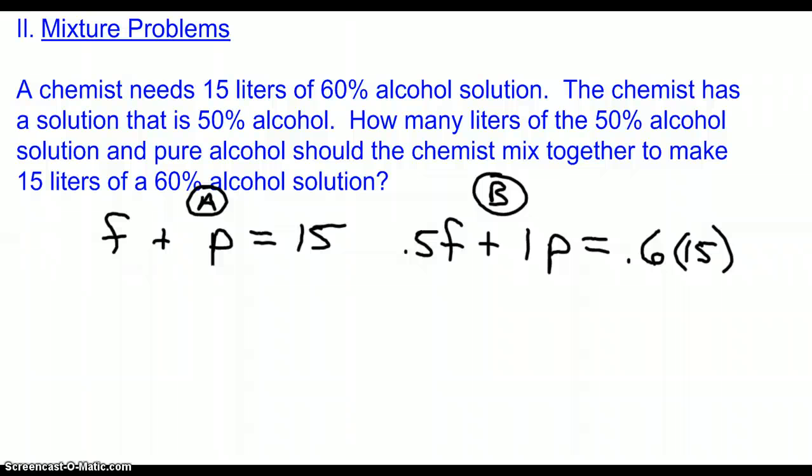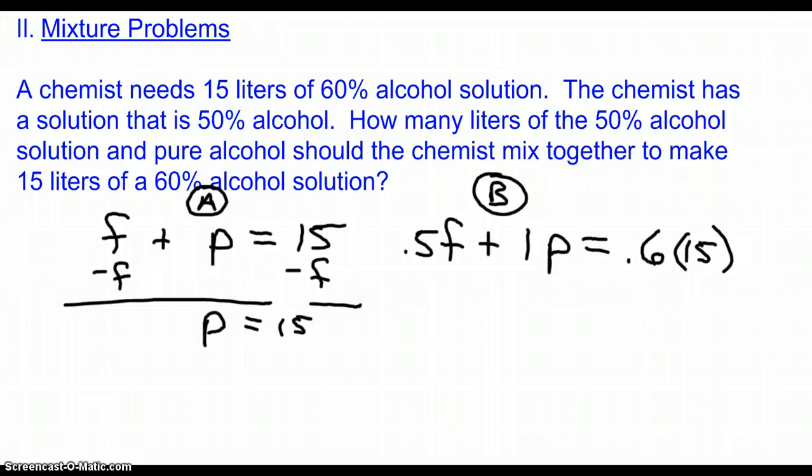So for that reason, I'm going to isolate P in equation A. To isolate P, I will subtract F from both sides. We're just going through the steps of substitution. We'll take this expression equal to P, which is 15 minus F, and substitute it for P in equation B.